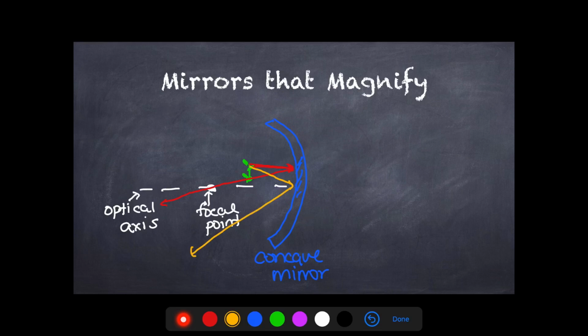All right? So notice how this ray, say this is ray B, and say this is ray A. See how ray B has not gone through the focal point, okay? But now what's going to happen is this ray A is going to create a virtual ray behind the mirror, as well as ray B, okay?